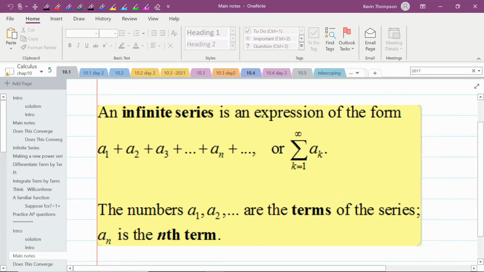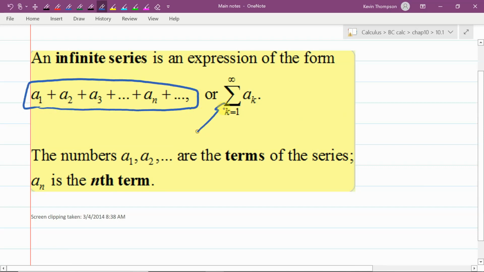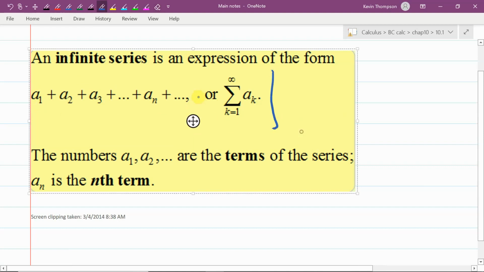I've already said some of this, so I don't know if all of this really needs written down. But again, we have a series, which is a sum of a sequence. We have this sigma notation, and again, I'm writing this partly because these two things are saying the same thing. That's what the notation is saying there on the right.